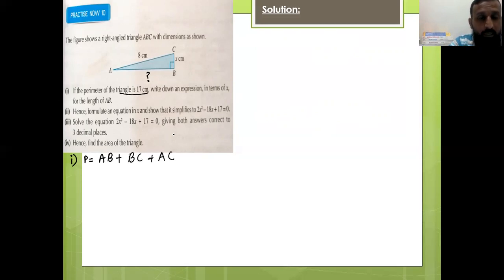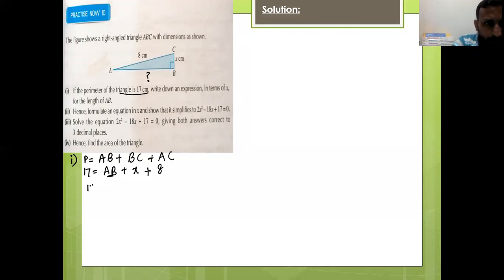So let's see what values we have. We have the perimeter value as 17. AB is required. BC is given as x centimeters, and AC is given as 8 centimeters. Now what is required is to find the length AB in terms of x. So let AB be alone on this side, whereas we shift all other numbers to the other side.